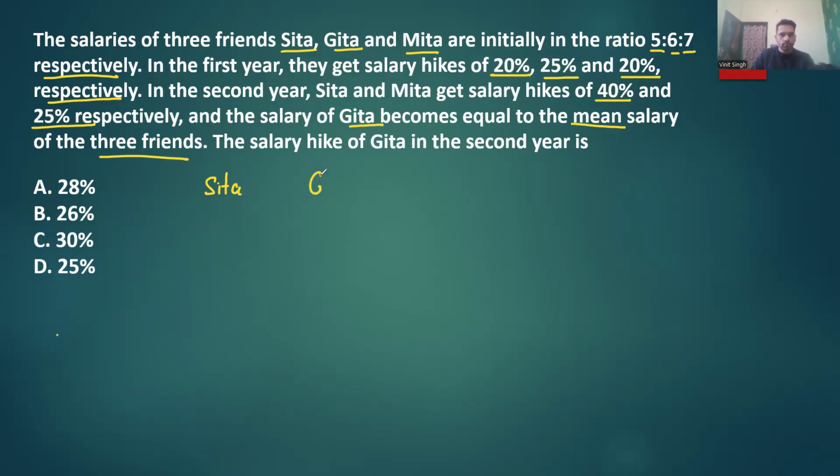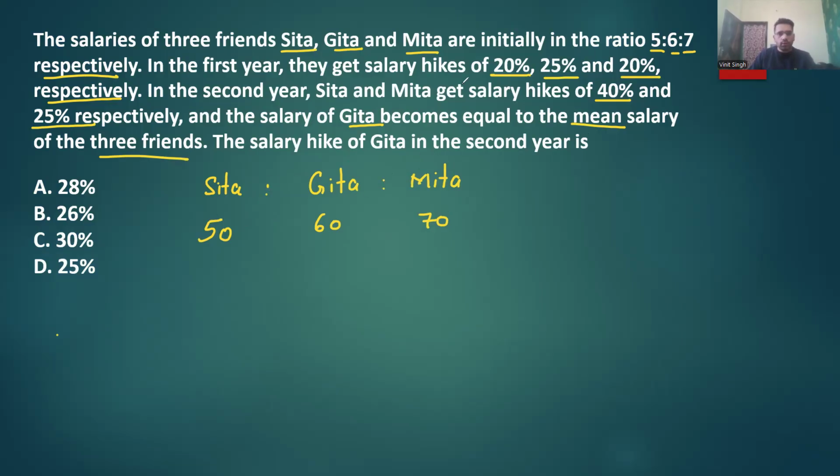Sita, Geeta and Meeta are getting salaries in the ratio 5, 6, 7. So we can write them as 50, 60 and 70, just to make our calculation easier, and the ratio will remain the same, 5, 6 and 7.